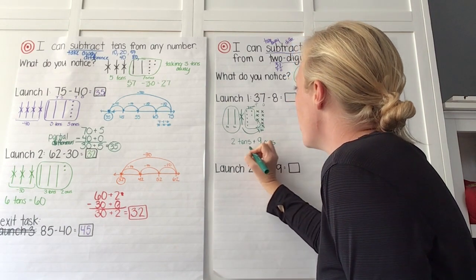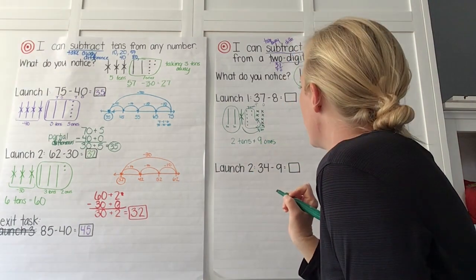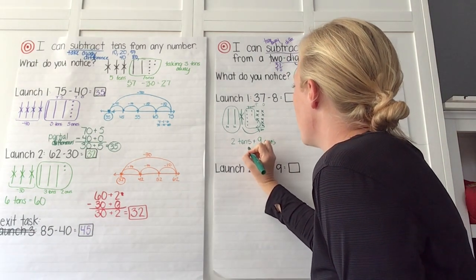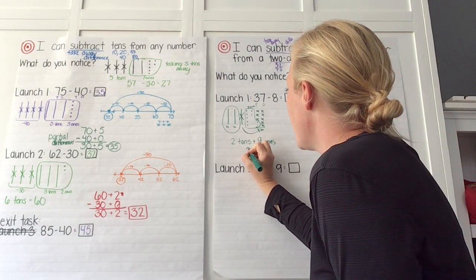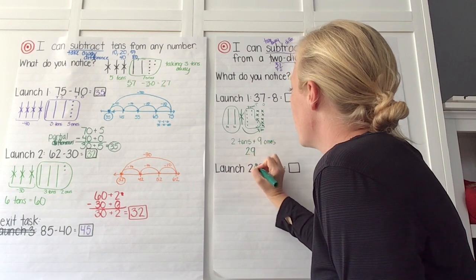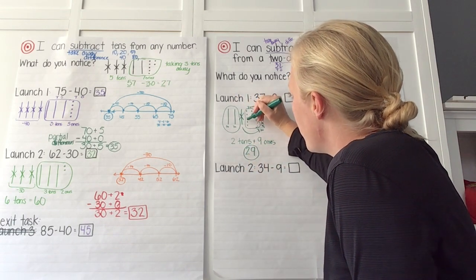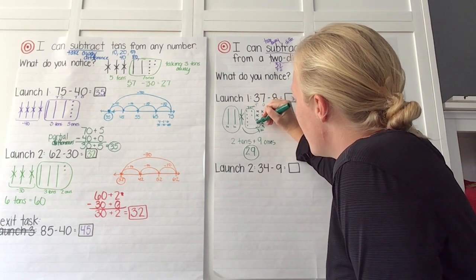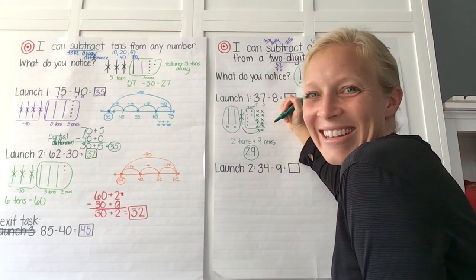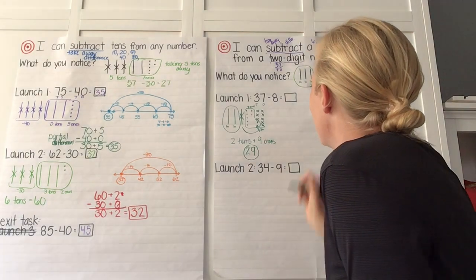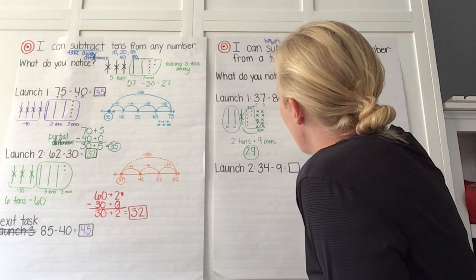So what is your difference between those numbers? When you start at 37, you take away 8, you have 29. 2 tens and 1, 2, 3, 4, 5, 6, 7. Don't forget these over here. 8, 9, 29.